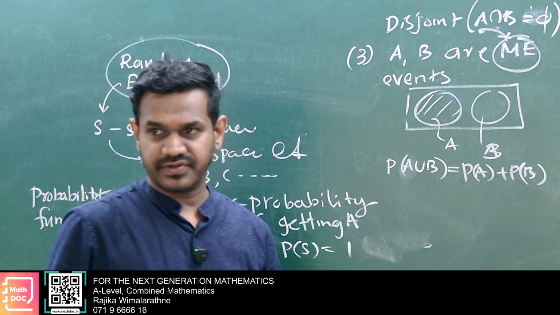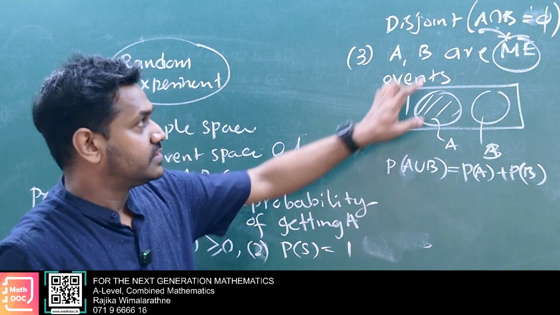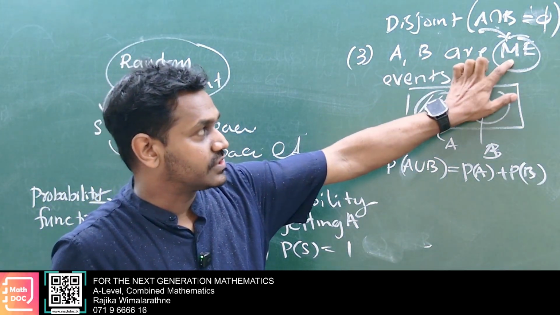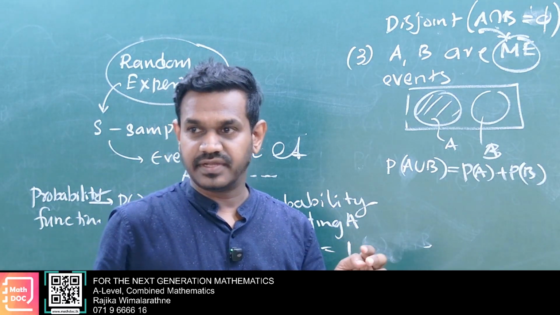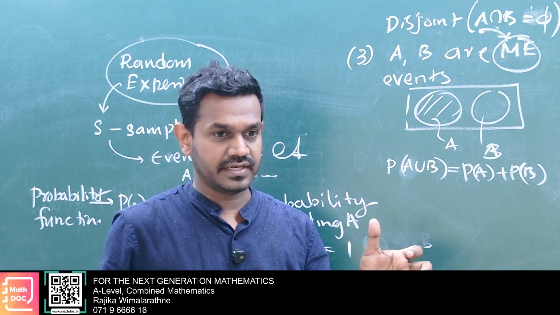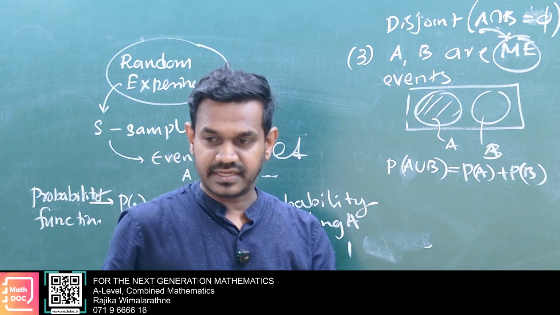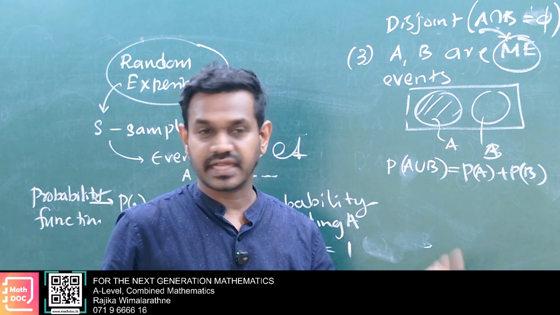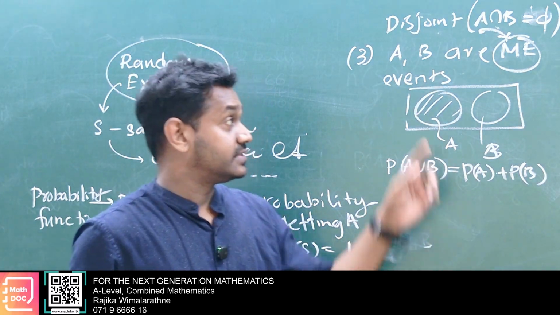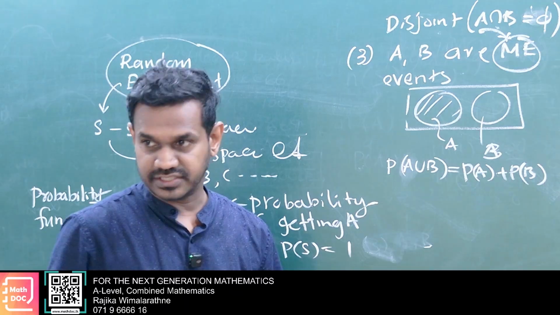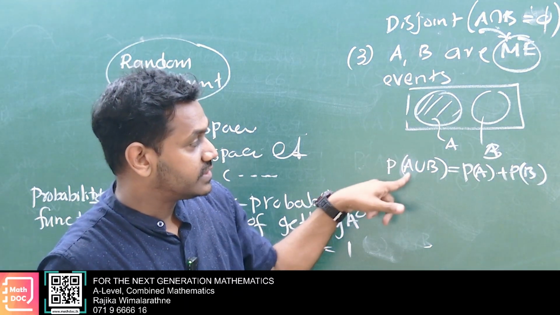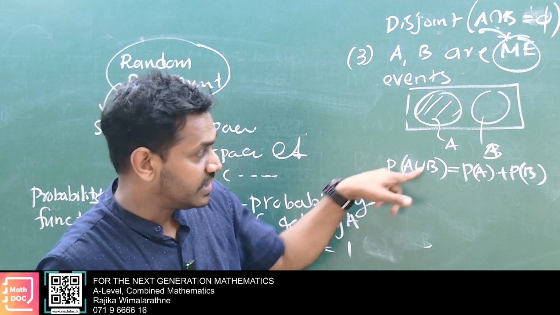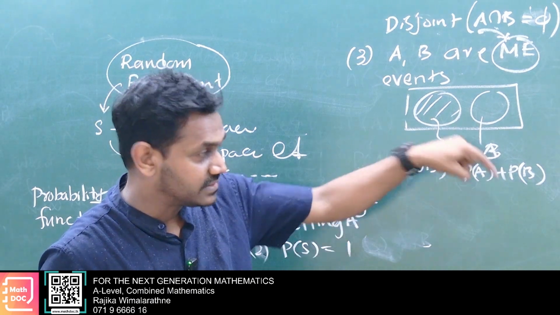That is our definition. As an example, when you toss a coin, getting head and getting tail are mutually exclusive. That cannot happen at once. Those types of events we call mutually exclusive, disjoint. The probability of the union of those events we can write as a sum.